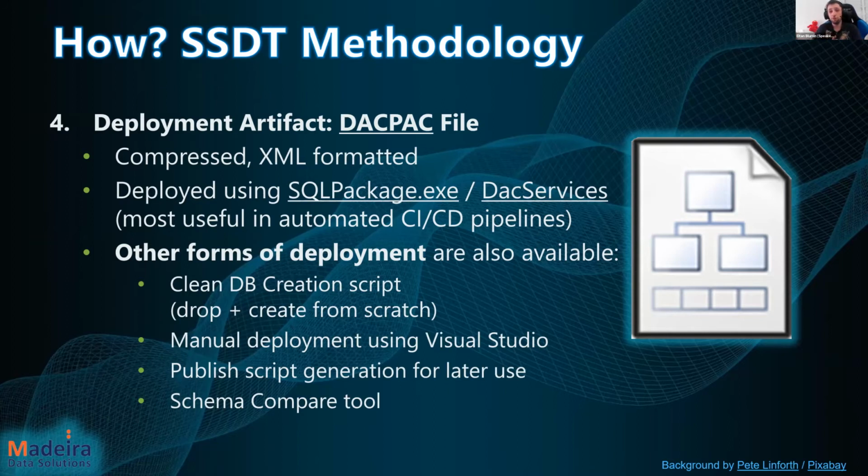You can also use the schema compare tool in Visual Studio, where the source is your project and the target is some database that you choose. Then you can pick and choose which objects you want to compare and apply the changes that you need.